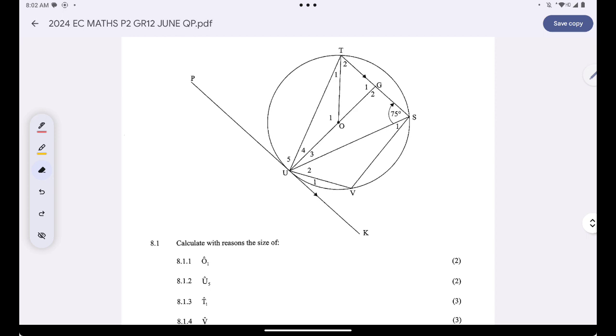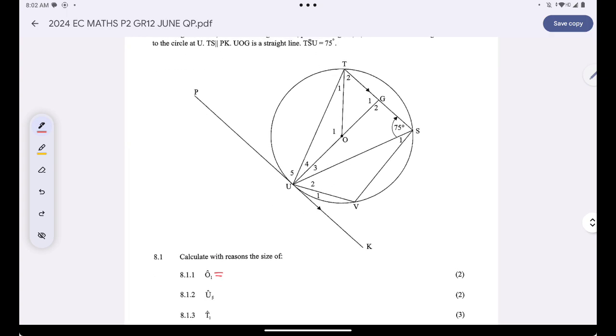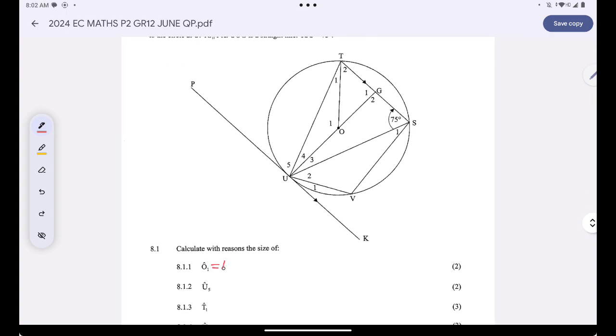I'm asked to calculate with the reason the size of angle O1. Angle O1 is the angle at the center. I know that the angle at the center is 2 times the angle at the circumference. So angle O1 is going to be 2 times the angle of TSU. So angle O1 is going to be 150 degrees.